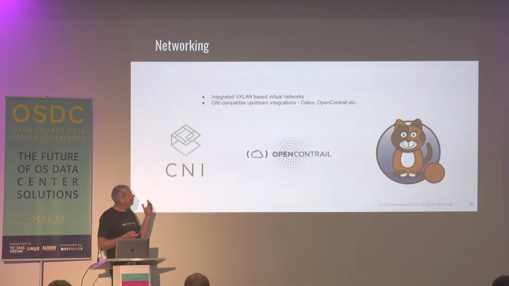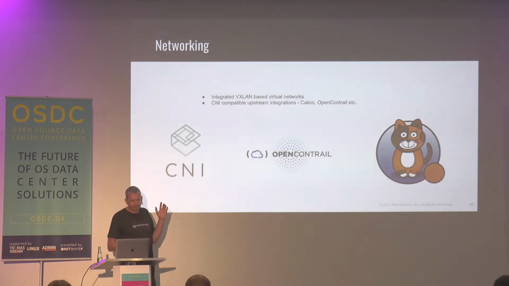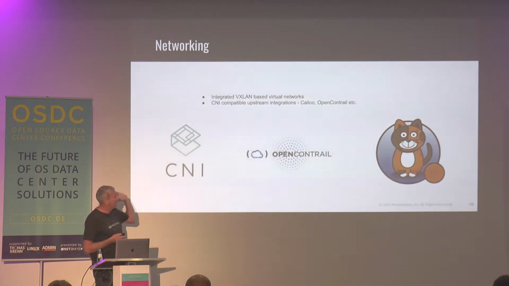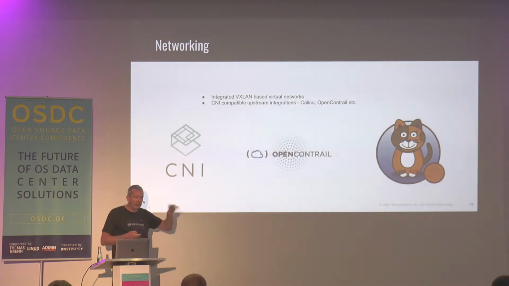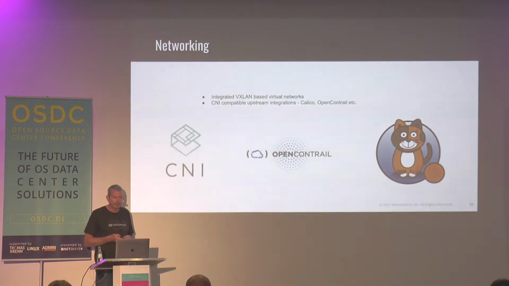And so whilst we do have integrated VXLAN-based virtual networks, so you can have basic layer 2 separation on the wire, we support the Container Network Interface standard. So if you want to plug in things like Calico or OpenContrail, you can do that, and they just use CNI.